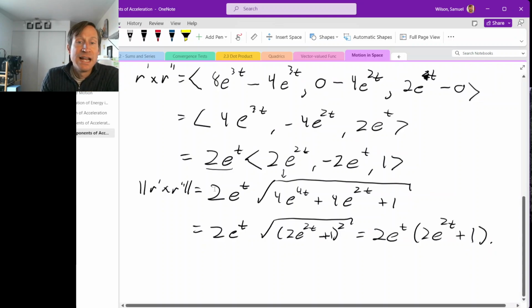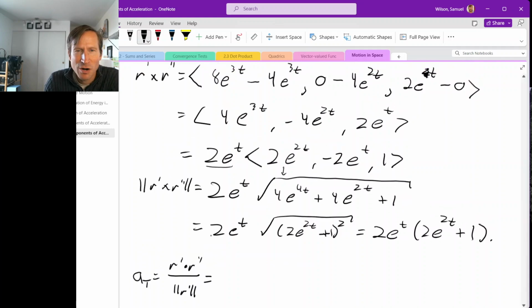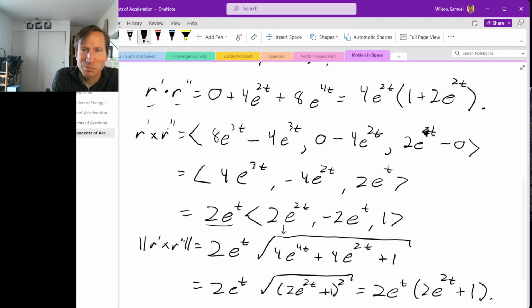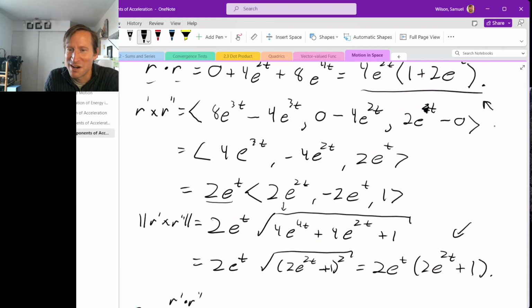Okay, now finally we can compute the tangential component of acceleration. It's r prime dot r double prime over the magnitude of r prime, and r prime dot r double prime was up here. Actually, notice that these two are almost the same. The dot product is twice the magnitude of the cross product.